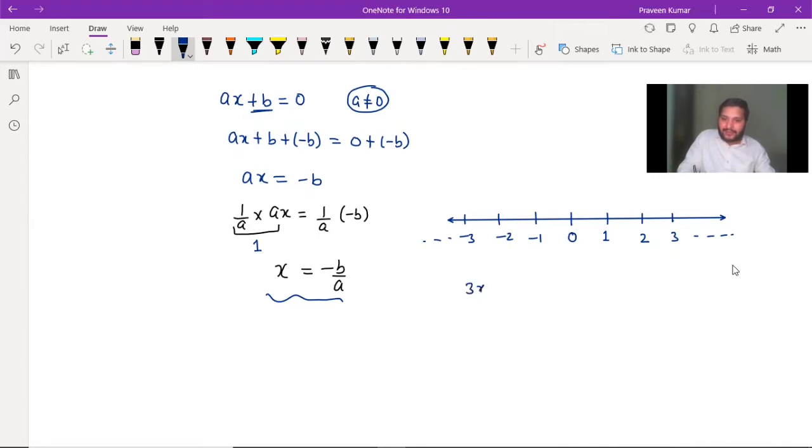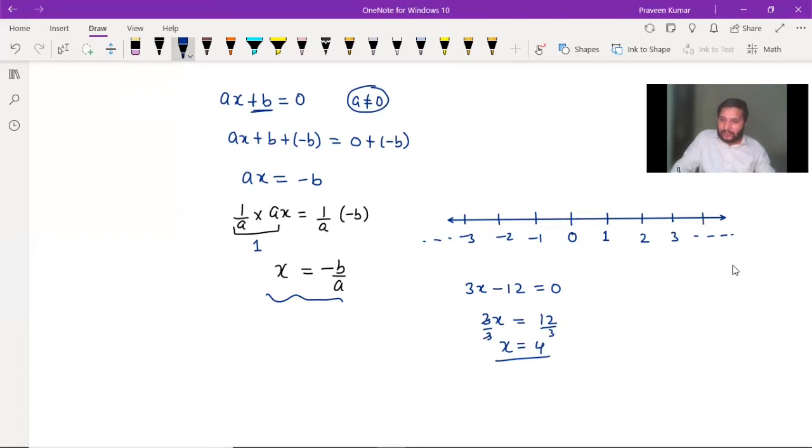So let us take 3x minus 12 is equal to 0. By adding 12 on both sides, 3x minus 12 plus 12 will become 0, and 0 plus 12 is 12. So x will be equal to, now dividing both sides by 3, x will become 4.